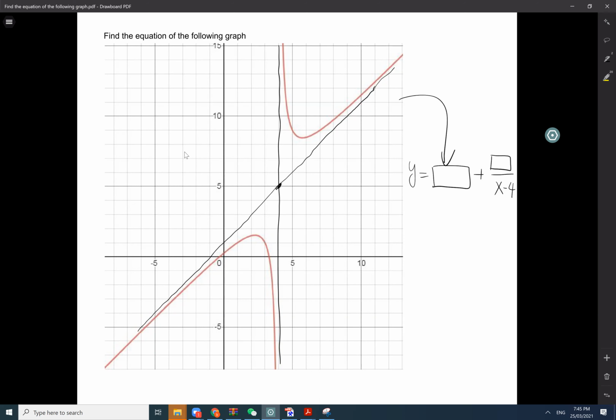What's the equation? Oh yes, just x plus 1.